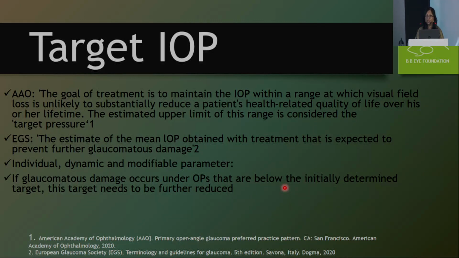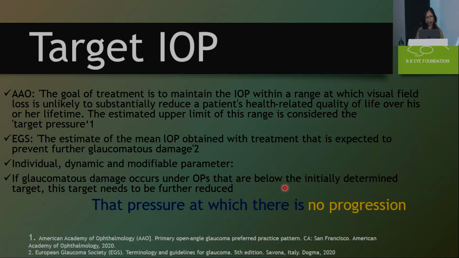So it's individual, dynamic, and a modifiable parameter. If glaucomatous damage occurs under these IOPs, then you need to shift your target IOP. But as a bottom line, target IOP is that pressure at which there is no progression. So these are the golden words for target intraocular pressure.